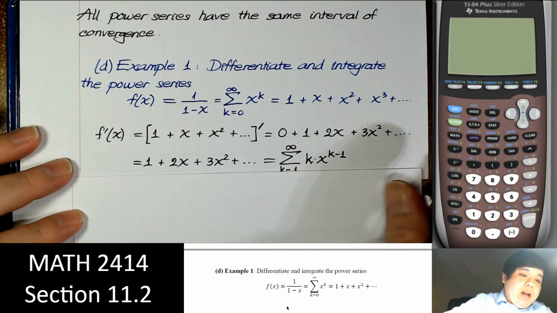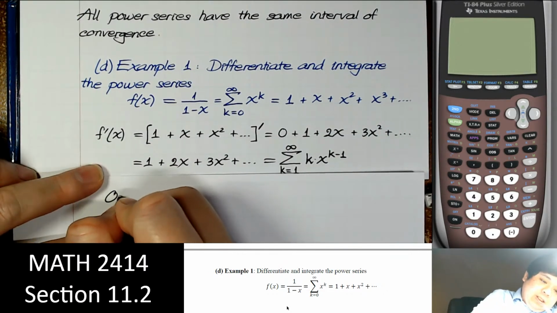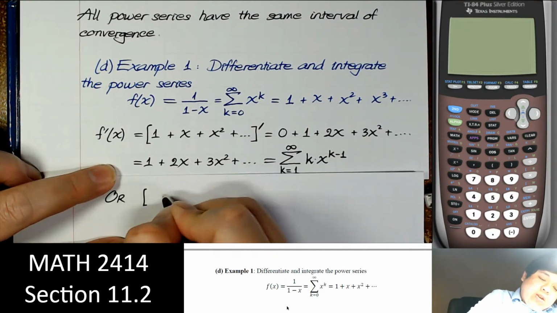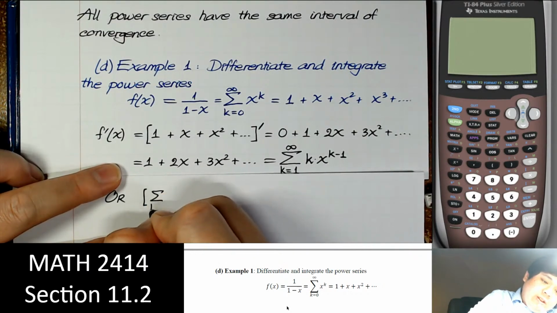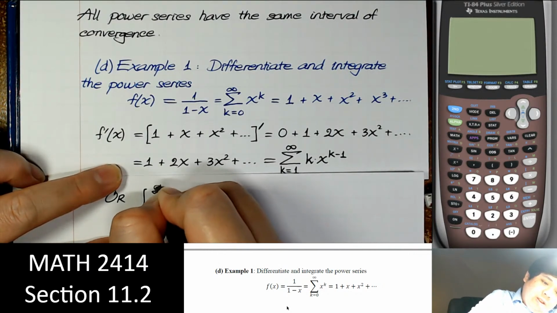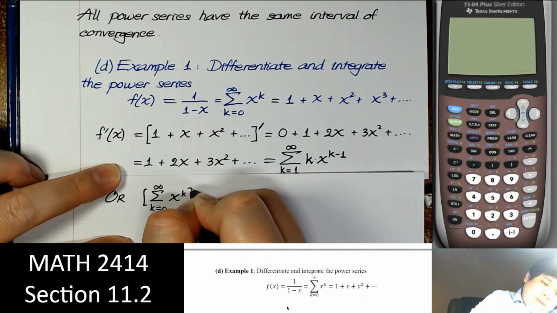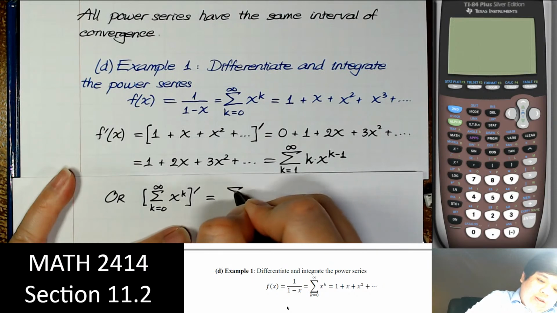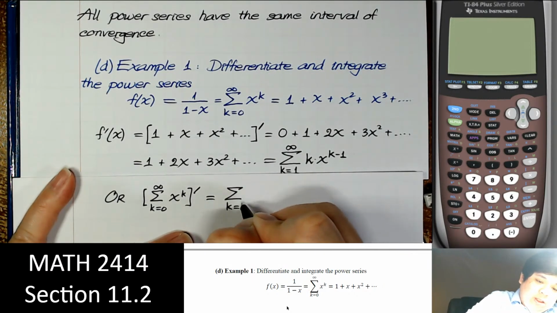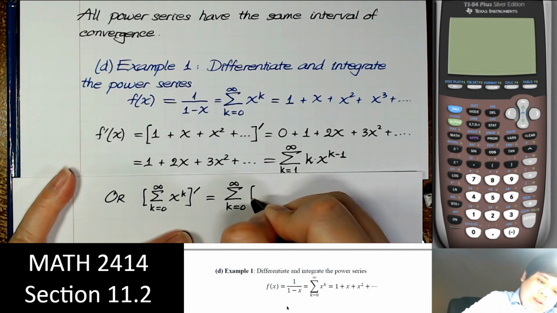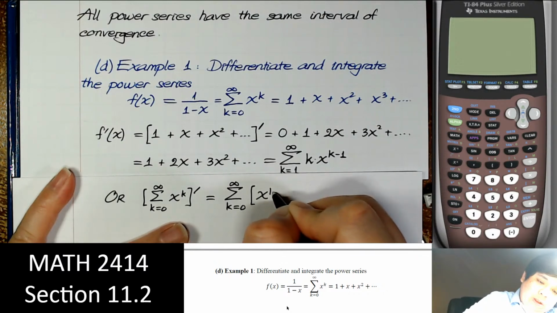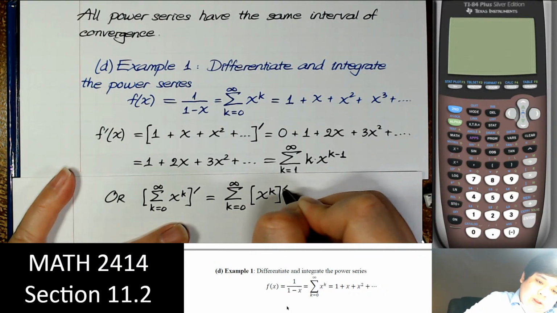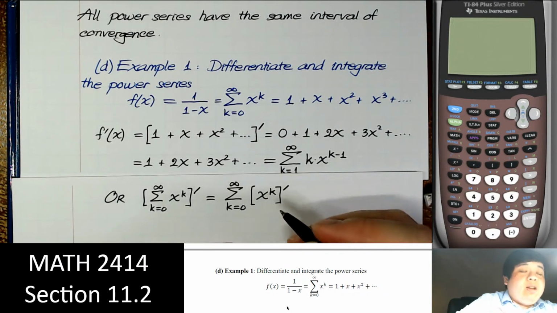Now if we do directly, just going to take derivative directly of the series, then we're going to have the sum derivative directly like this.